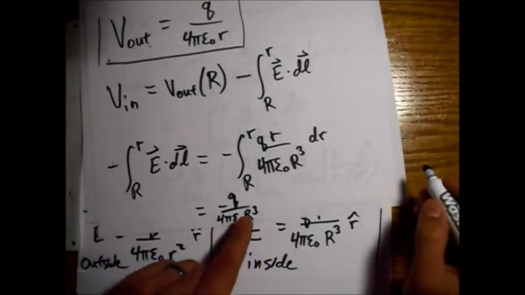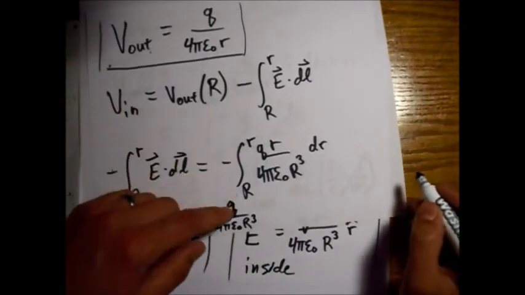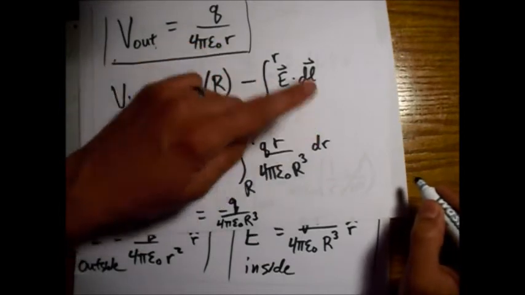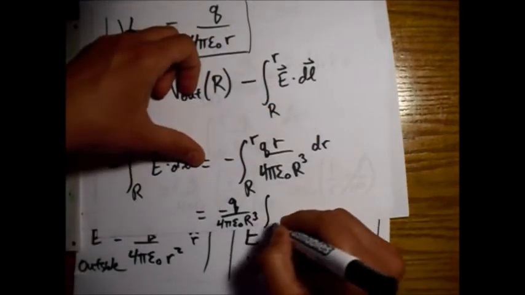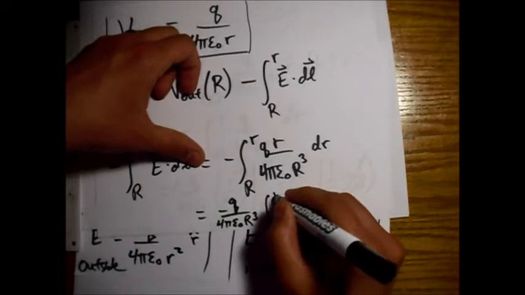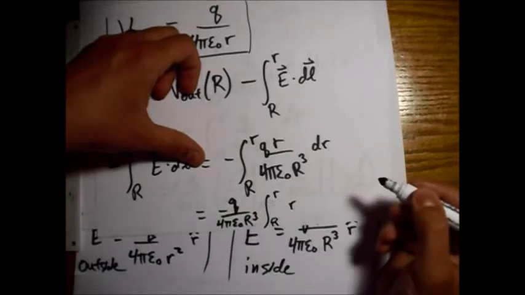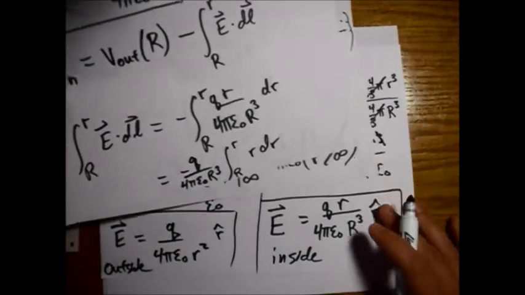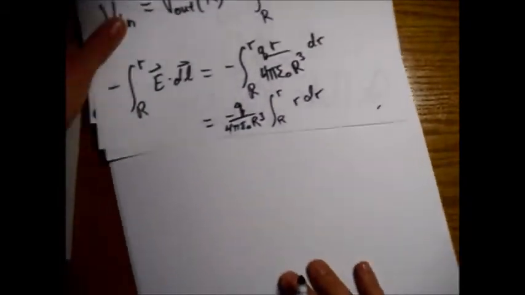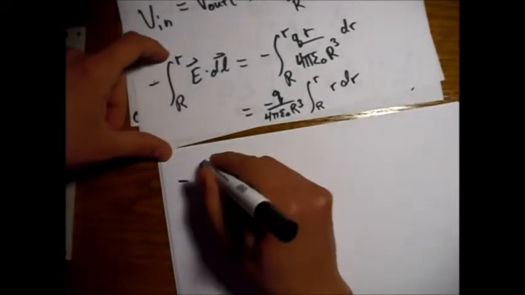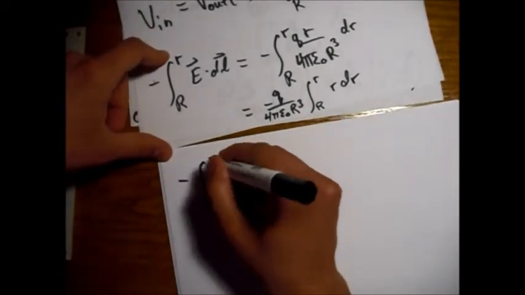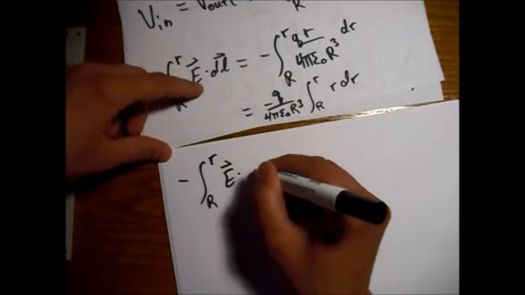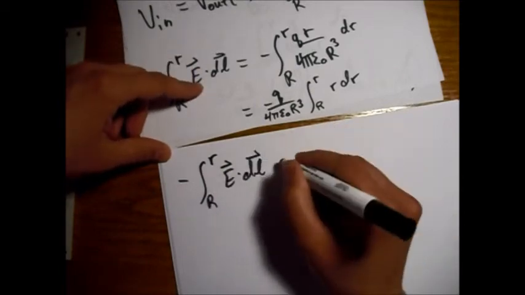Let's see. All right, we have our minus sign out here. All that's left to do is, so we're big R, little r, and we just have an r here to integrate. Well, that's about the nicest integration anyone could hope for. All right, our original problem right here. So we move to a new page.